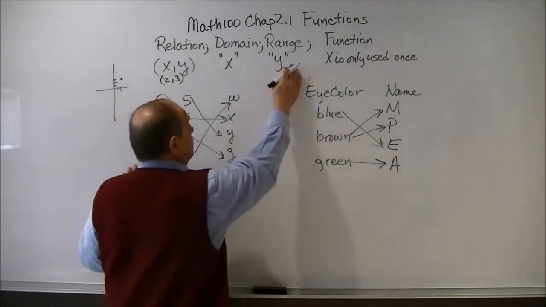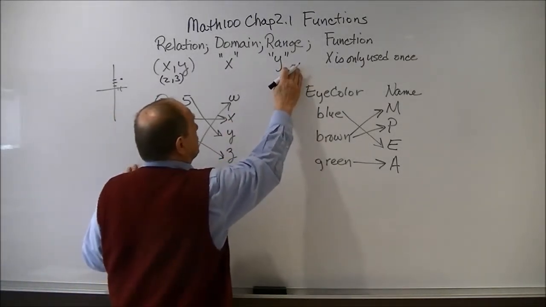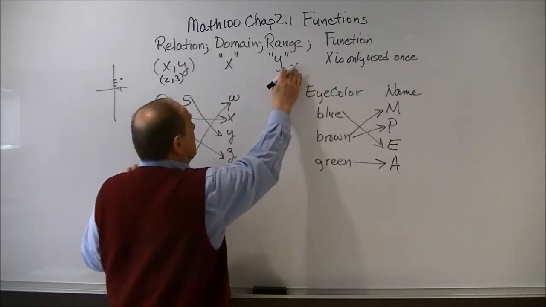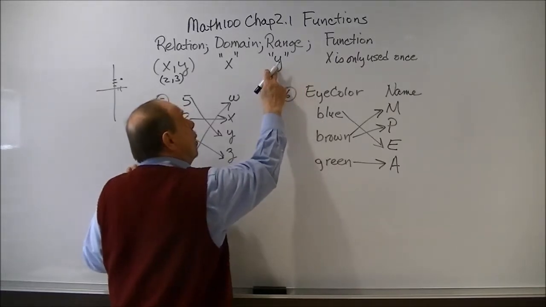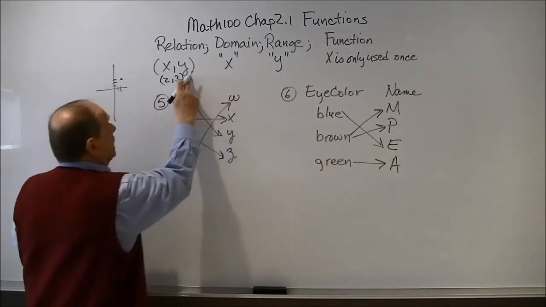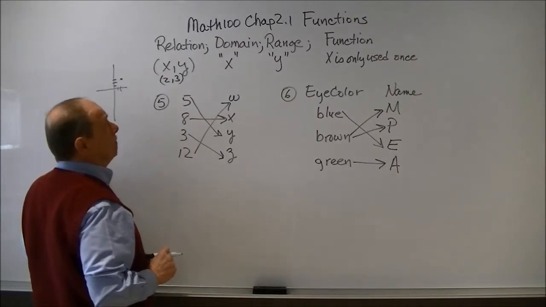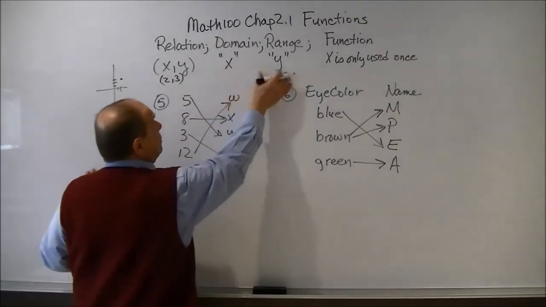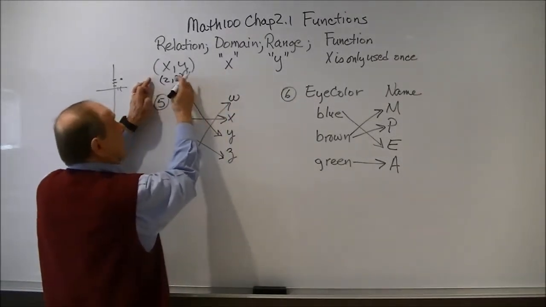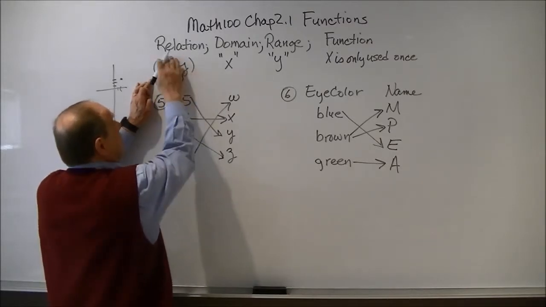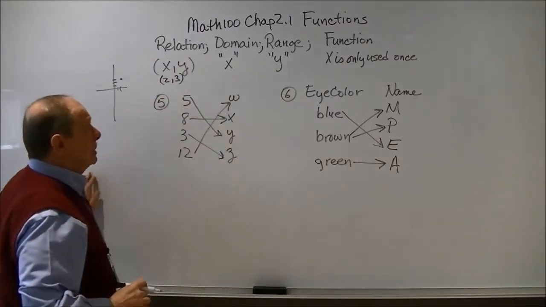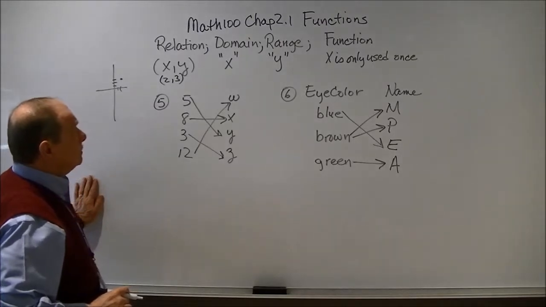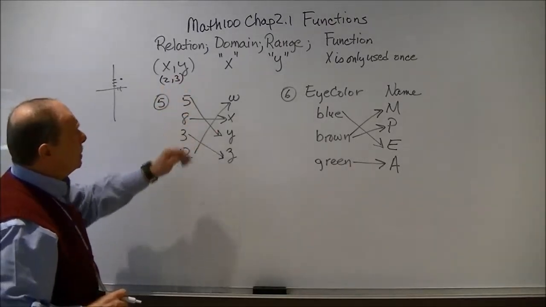And range, what is range? Well, by definition, range is the y element in the ordered pair. So domain and range, in a sense, reflect the ordered pair, which is a relation. And we'll give you some examples as we go on.